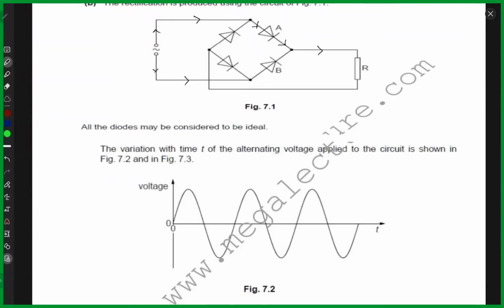Now the current goes over here, then over here, and then it goes to the resistor R. So what is happening is, in the second part, when you flip the direction of the current, no current passes through diode A. For diode A, there is only current passing in one direction, and in the other direction, no current passes through diode A. Although the current is passing to the resistor in the second direction, they have specifically mentioned to do it for diode A. So for diode A, in one direction the current flows, but in the other direction, no current reaches diode A.